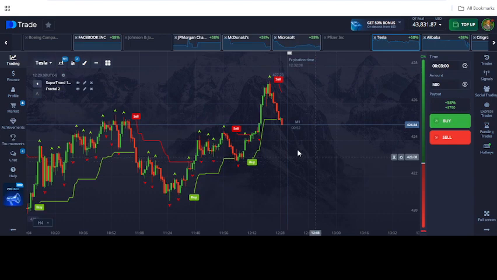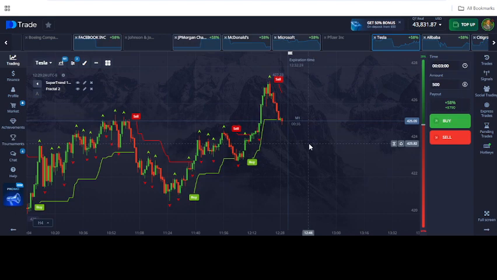All right, the candle has fallen below, but I'm going to wait for this 1 minute candle to close below this line, and then I'm going to go ahead and take a sell trade. So let's monitor this candle here and make sure we have this third confirmation.